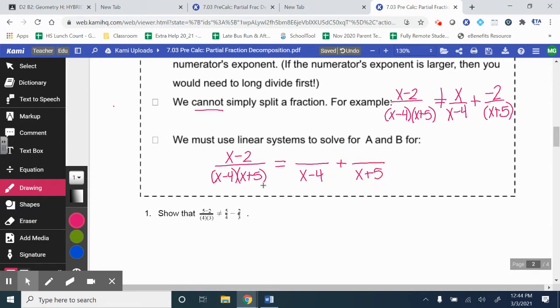But I can't just take the x and the negative 2 like I did up here. Instead, we'd have to solve for what those numerators would be so that it would be equal to x minus 2 over the product of x minus 4 and x plus 5.